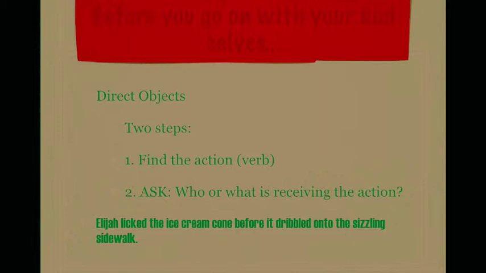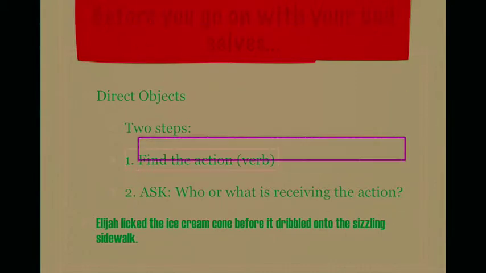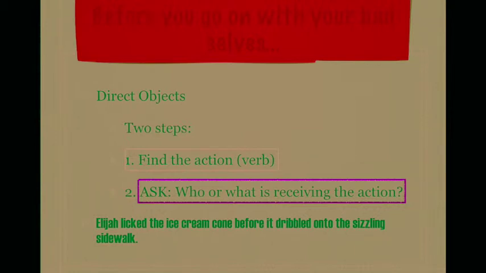So anything that has to do with running, sitting, walking, seeing, tasting, feeling, etc. So you find the action. Next, you need to ask the question, who or what is receiving the action? The person or thing receiving the action is known as the direct object.